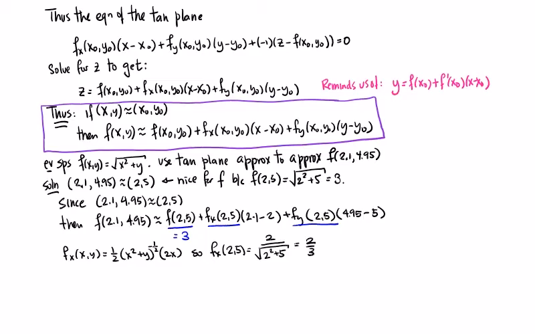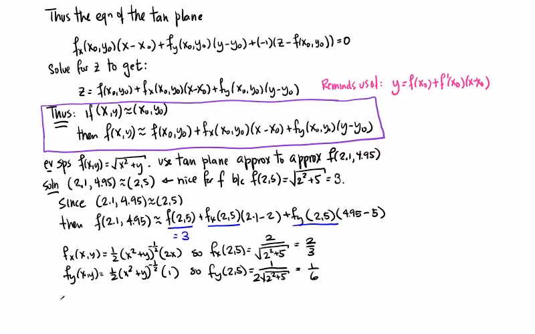That's 2/3. We have f sub y of xy is 1/2 x squared plus y to the minus 1/2 times the derivative of the inside, which is 1 in this case. So f sub y of 2, 5: our numerator is just 1, and down below we have a 2 as well, and the square root of 2 squared plus 5, which is 1/6.